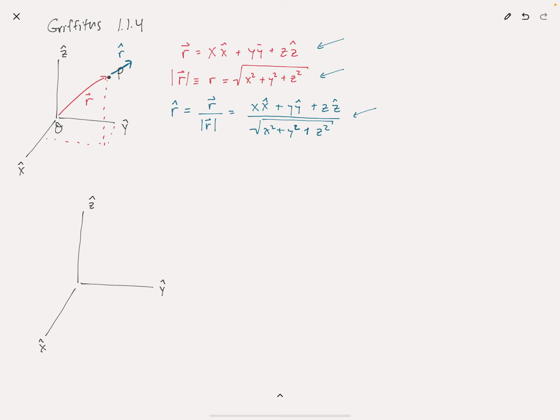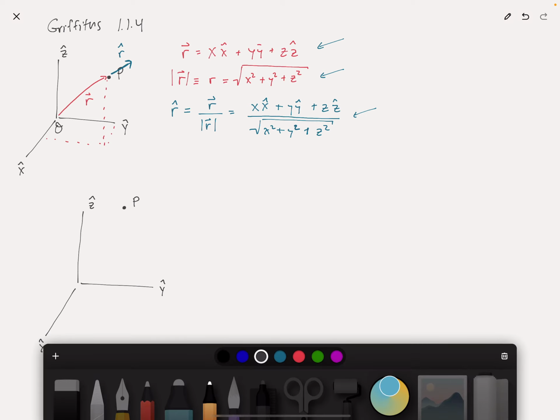I am going to want to evaluate what the field looks like at some point in space, P. I'll use a red vector again for that. That's r. That's where we're evaluating what the field is.